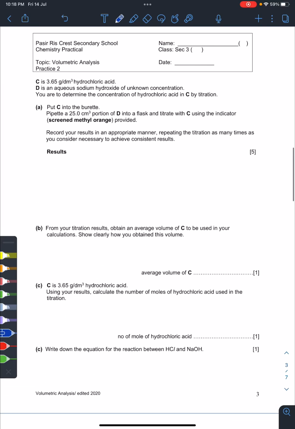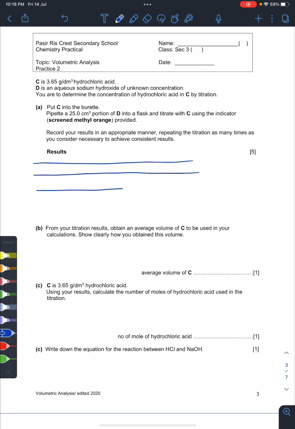So you start off by drawing your table. So first, your titration number. So 1, 2. Next one, it can be your final reading.